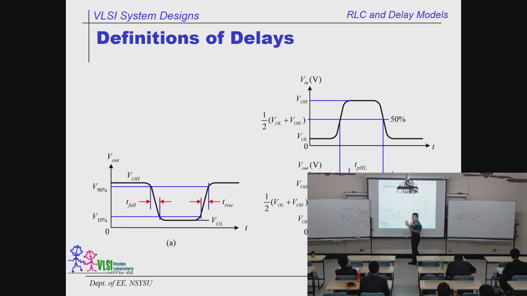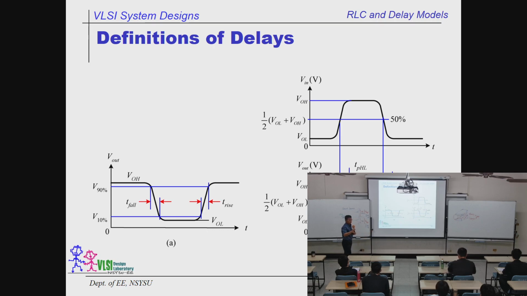Then for the rise delay and the fall delay, this is specially defined for the output signal. For the fall delay, it's 90% of the high dropping to 10%, and the delay here. It's nothing to do with the input. And for the rise delay, it defines, reversely, from 10% to 90% over here.